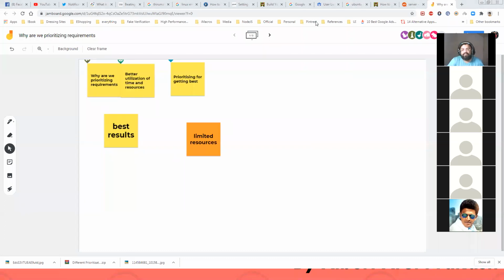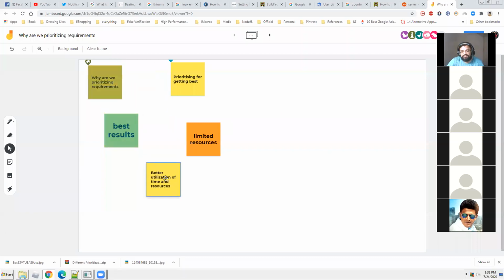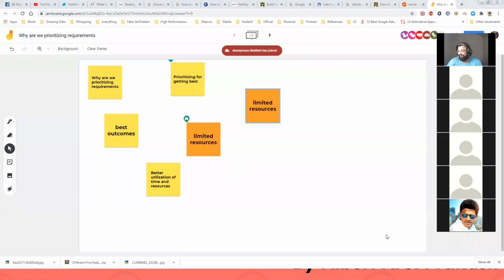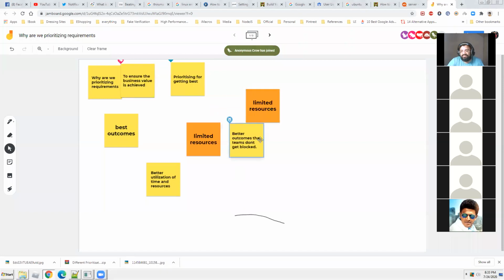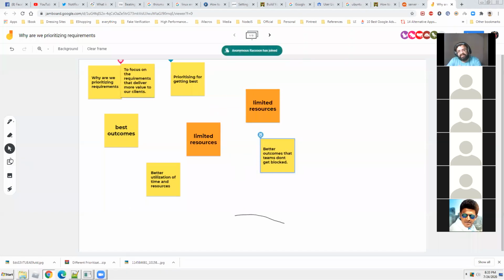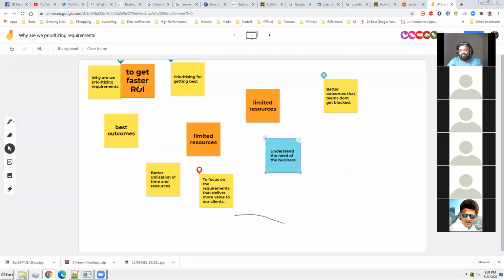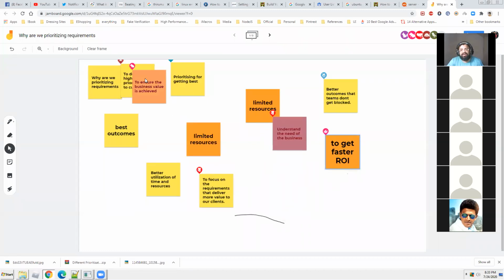So, better utilization of time and resources, best results, limited resources. To ensure the business value achieved, please use the sticky notes rather than the marker. To get faster ROI.